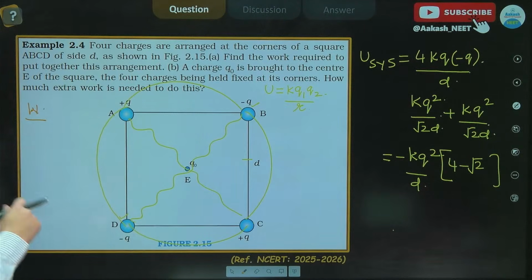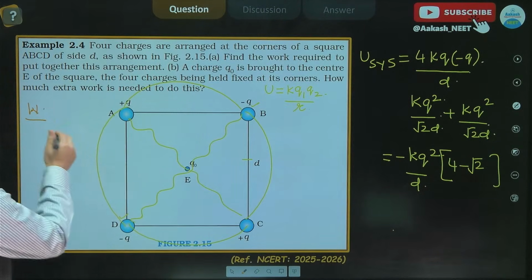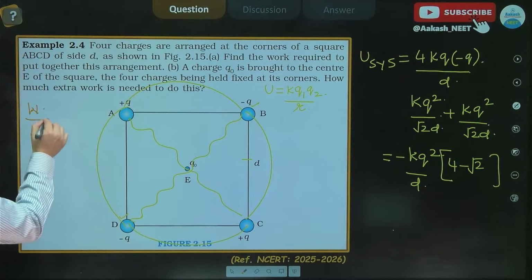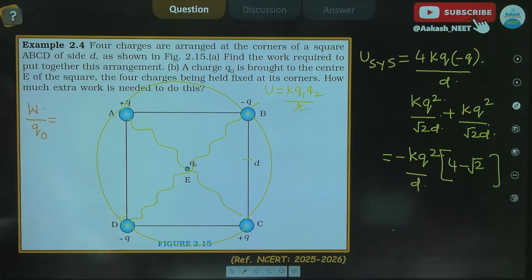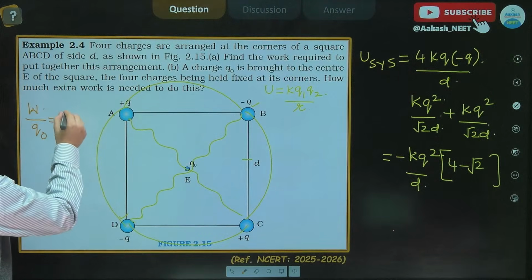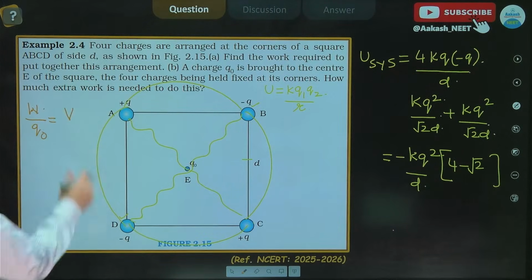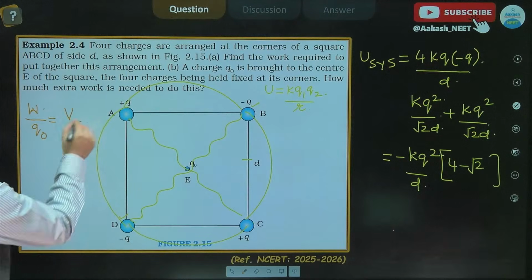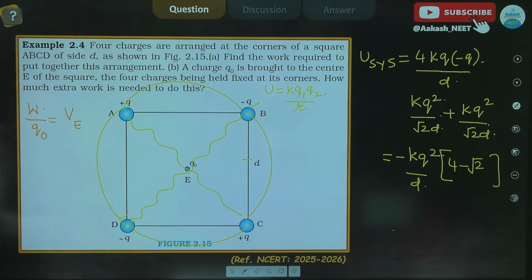Now to bring another charge Q naught, that extra energy required is basically the extra work done. So that is work done per unit test charge, which gives you potential at the center E. So first, if we know the potential at point E, we can find out the extra work done.